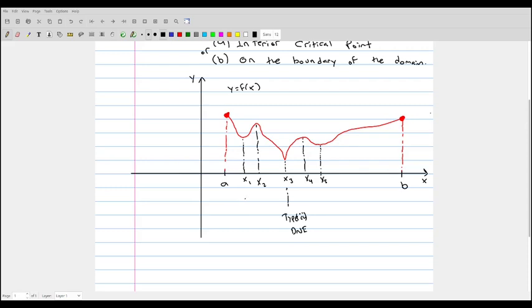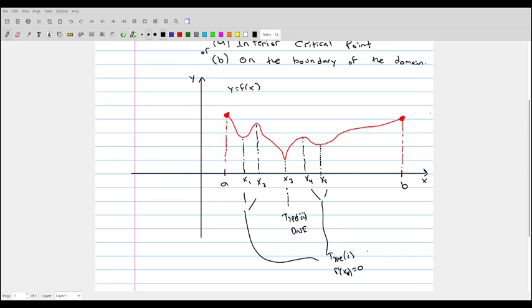And the other critical points, x1, x2, x4, and x5, are all critical points of type 1, where the derivative at the point is equal to 0, where the instantaneous rate of change at the point is equal to 0.